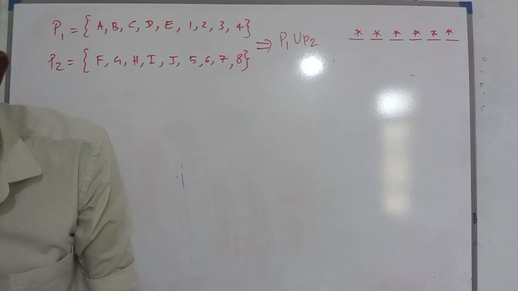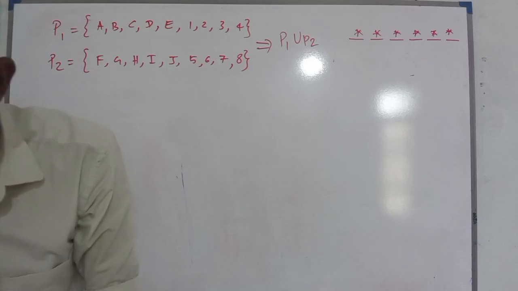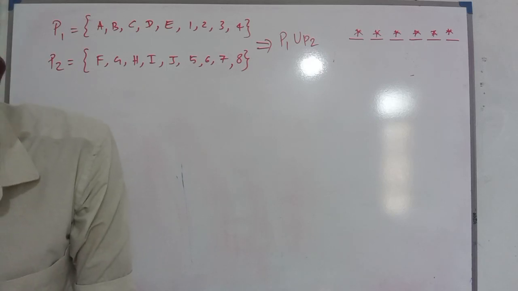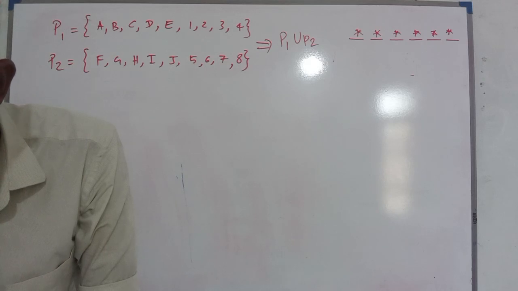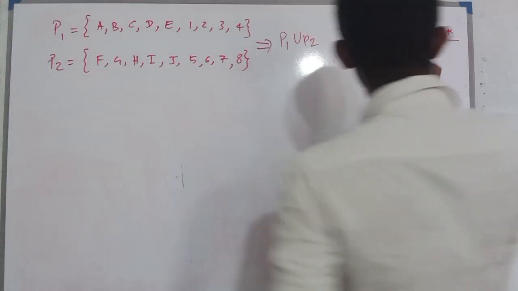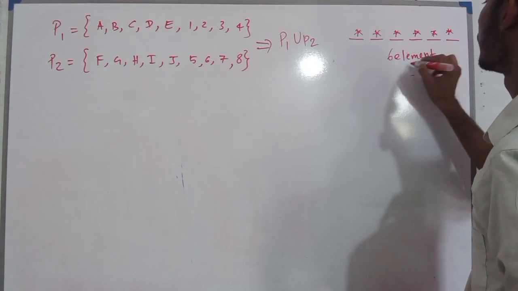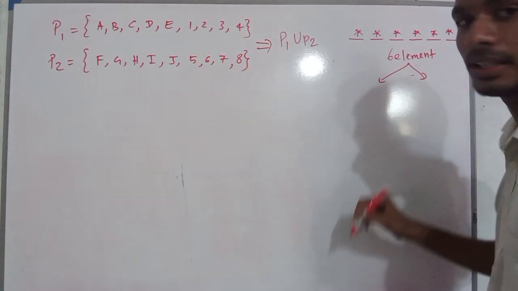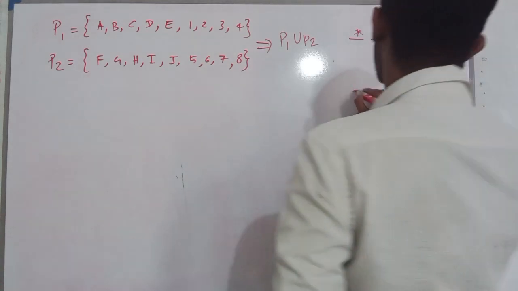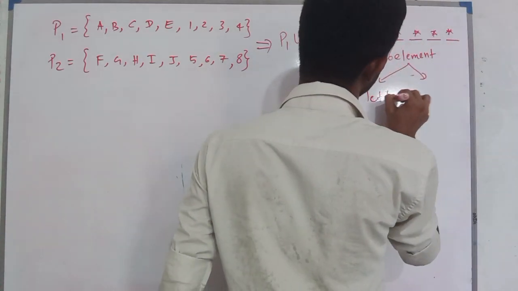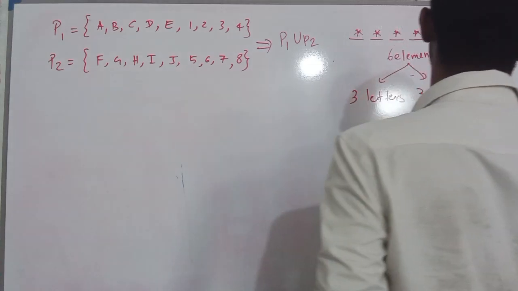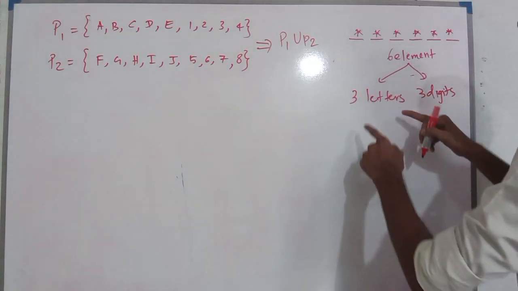Three different letters and three different digits. Now here, out of the six elements, we have three letters and three digits, and they should be different.